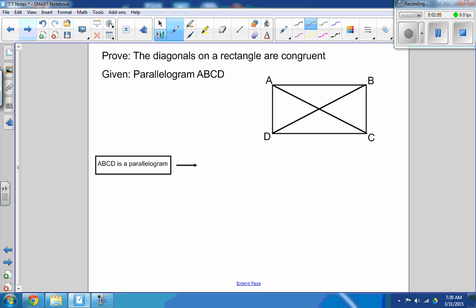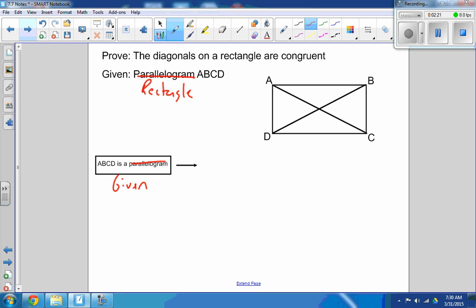Next, we're going to prove that the diagonals of a rectangle are congruent. I'm sorry, this should say given a rectangle. A, B, C, D. Same here, that should say rectangle. That's what was given. All right.